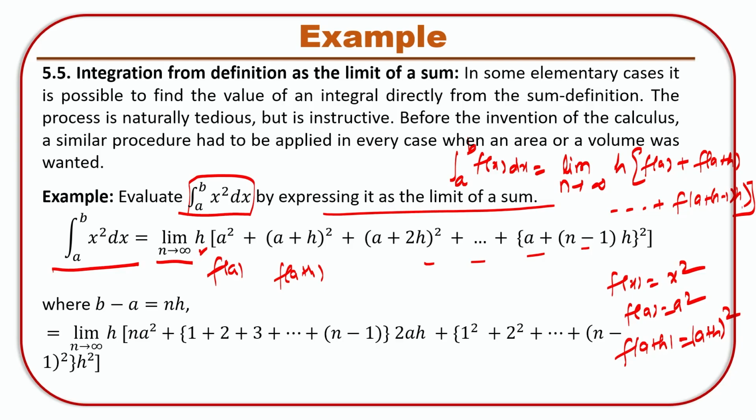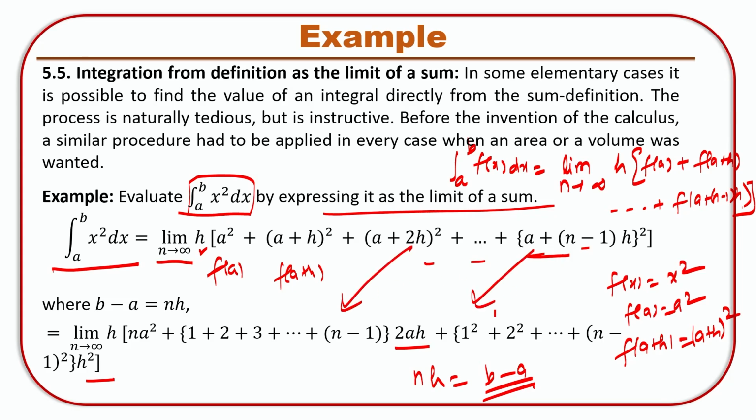And always remember that n into h is nothing but the length b minus a, right. So, this will give you limit n tends to infinity of h into (n a square plus 2ah times (1 plus 2 plus 3 up to n minus 1) plus h square times (1 square, 2 square and so on, up to (n minus 1) whole square)). That is the simplification of these terms.